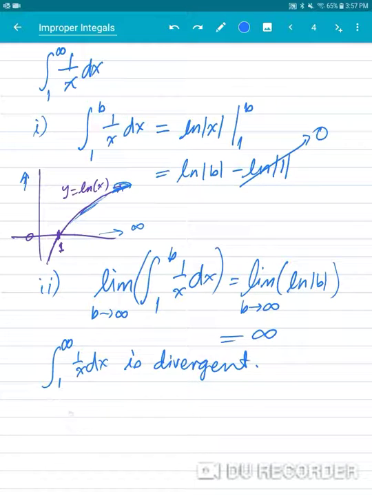What happens here is this. If you draw the graph of y equals 1 over x squared, 1 over 1 squared is 1, 1 over 2 squared is 1/4, 1 over 3 squared is 1/9. You're trying to find the area under the curve of y equals 1 over x squared.